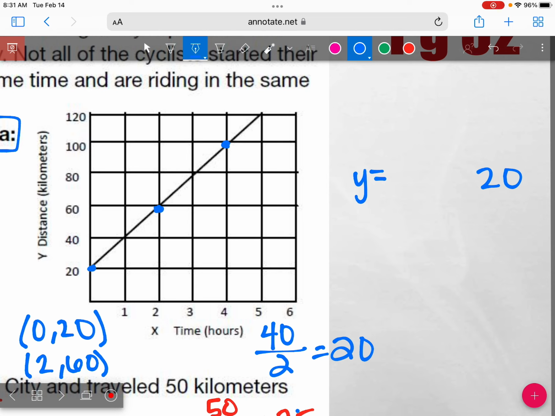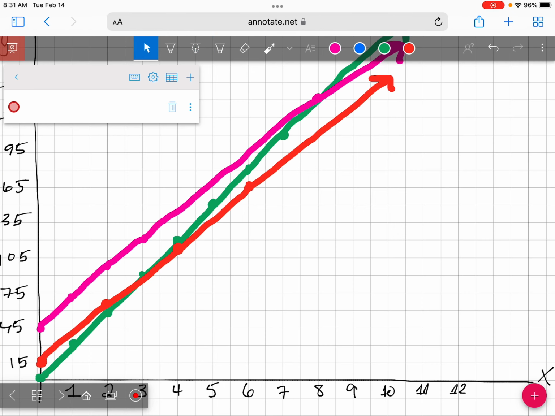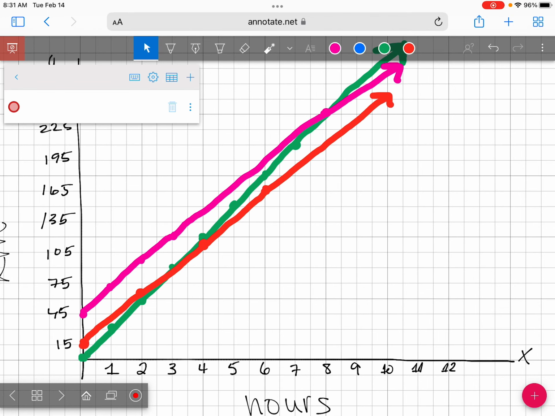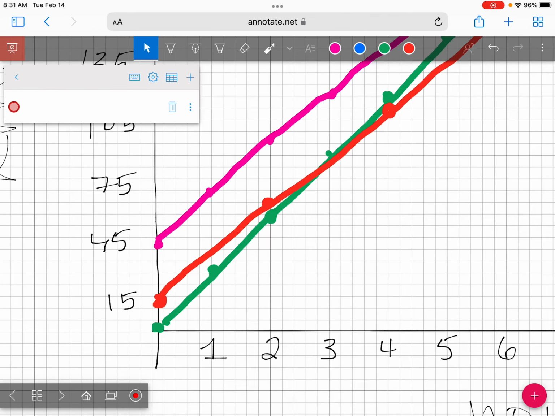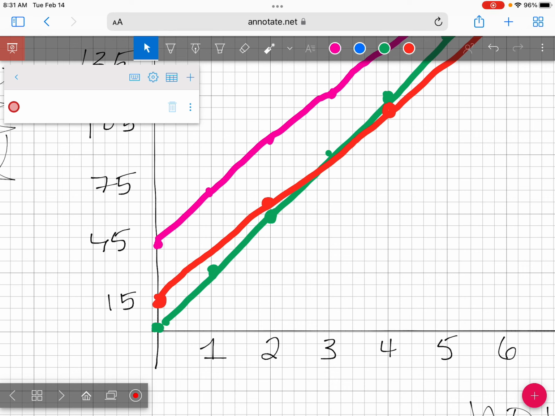So what's the rest of our equation going to look like? Y equals what? 20x plus 20, okay? So now we go back to our graph. And where does she start on our y-intercept? 20.